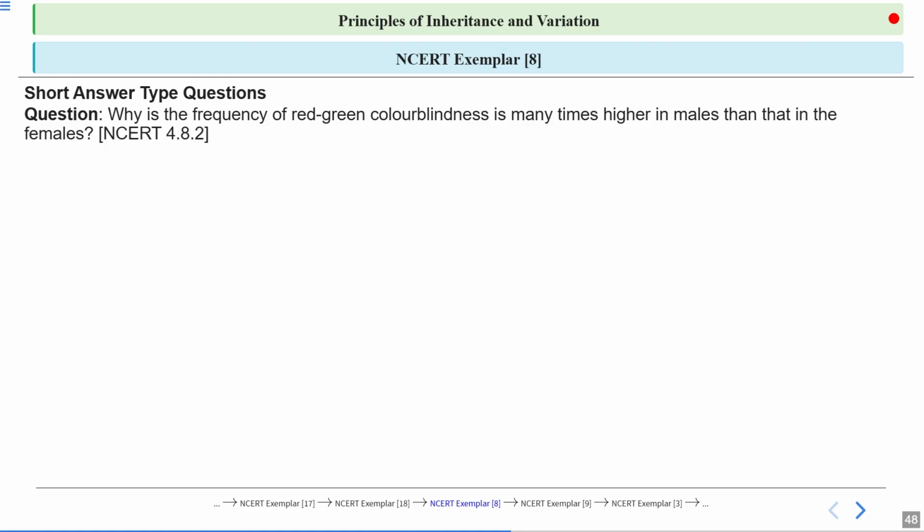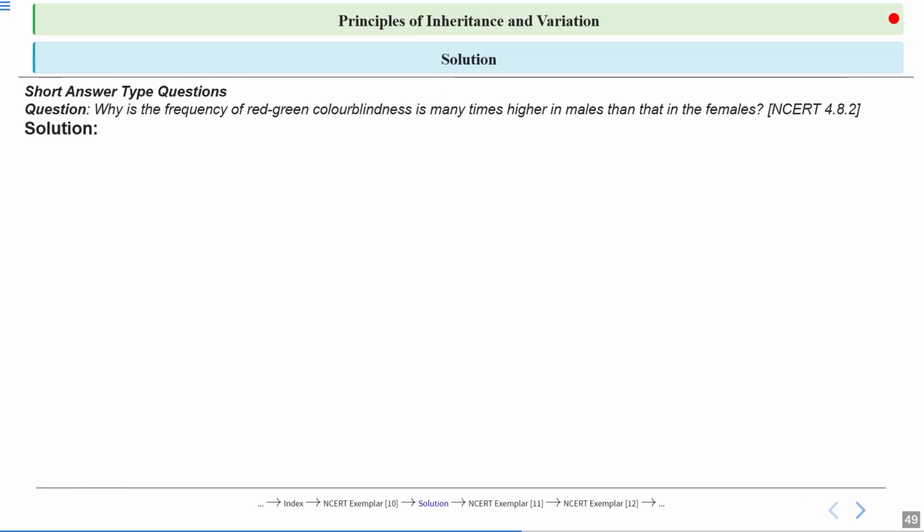Next question, why is the frequency of red-green color blindness many times higher in males than in females? So why is color blindness common in males as compared to females? What will be the answer here? You can see color blindness is X-linked inheritance. It is X-linked recessive inheritance actually. So this mutation occurs on the X chromosome.